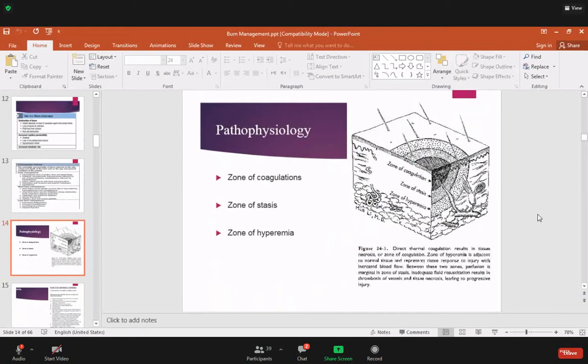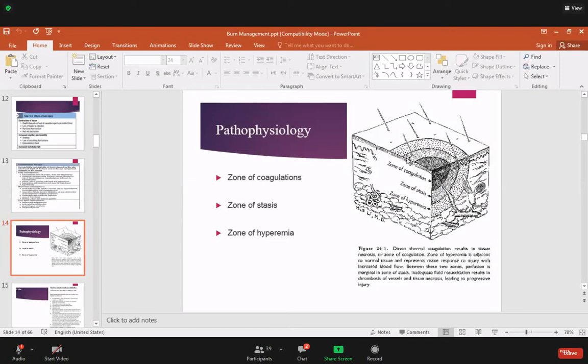Okay, now I'll talk about the pathophysiology, how the burn injury occurs. When the person comes in contact with the hot thing that causes thermal injury, the area in direct contact with the burn undergoes coagulation. That area is called the zone of coagulation, or the zone of thermal coagulation necrosis. This zone of coagulation is the central part that was in contact with the thermal injury.